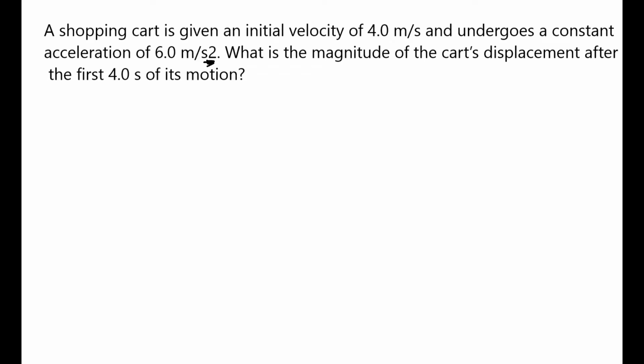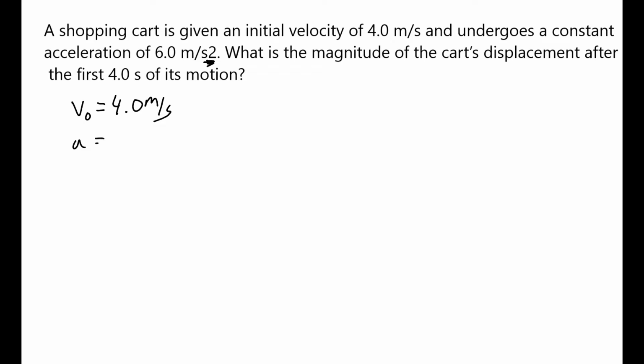Alright, so let's write down what we know here. What do we know? Garrett. The initial velocity is 4 meters per second. That was amazing, Garrett. Alright, so our initial velocity is 4 meters per second. What else do we know? Acceleration is 6 meters per second squared.